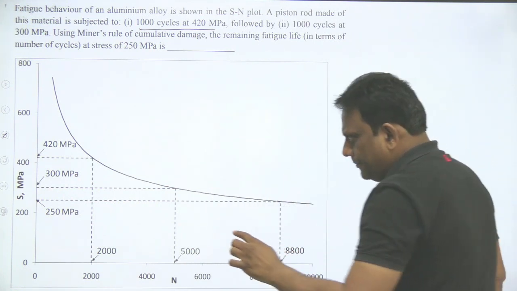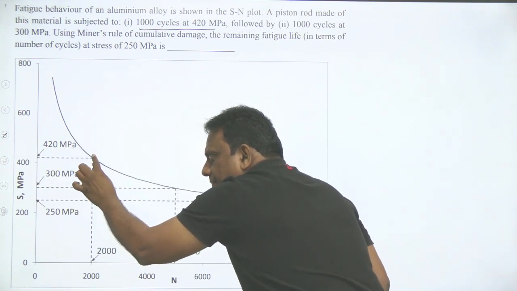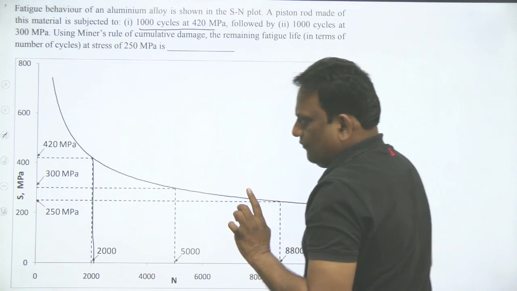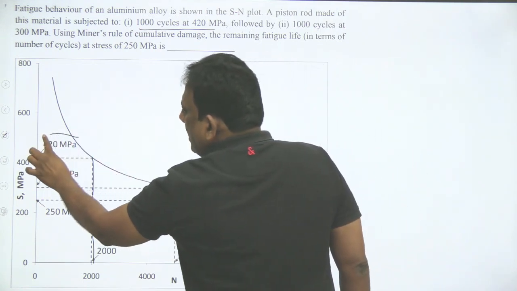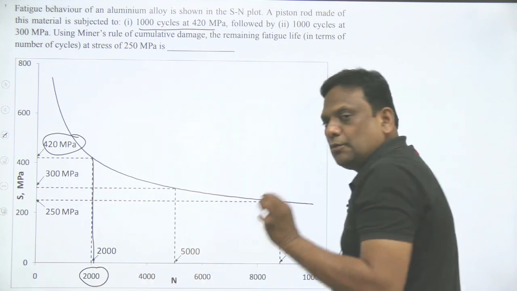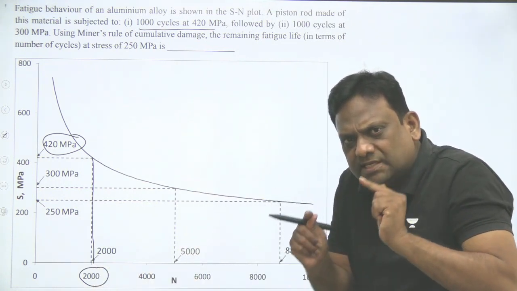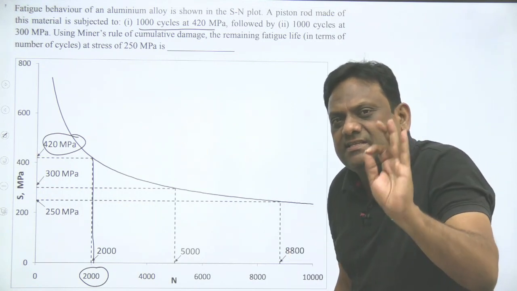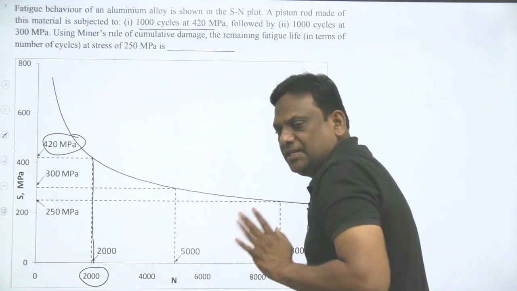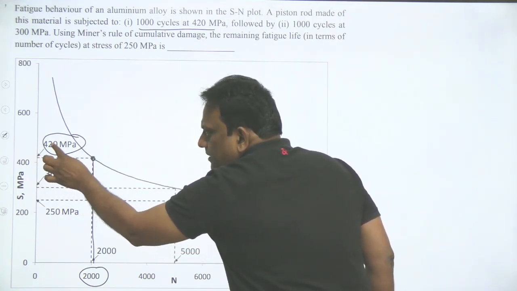Look carefully. For 420 megapascal, what is the failure number of cycles? For 420 megapascal, what is the number of cycles that it can sustain? If a member is subjected to a stress of 400, it will sustain a maximum of 2000, because this is the load-life relationship.